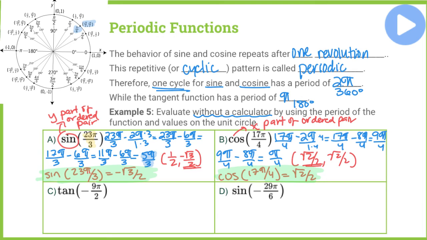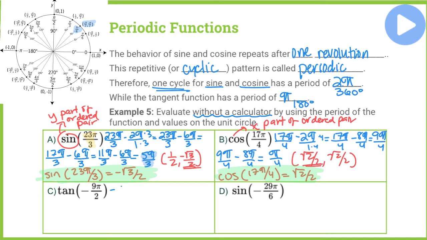Now for this next one, tangent, we're using a different period. We're using a period of pi. Also notice that instead of the radian being too large, it's too small. It's negative, so instead of subtracting, we're going to be adding.